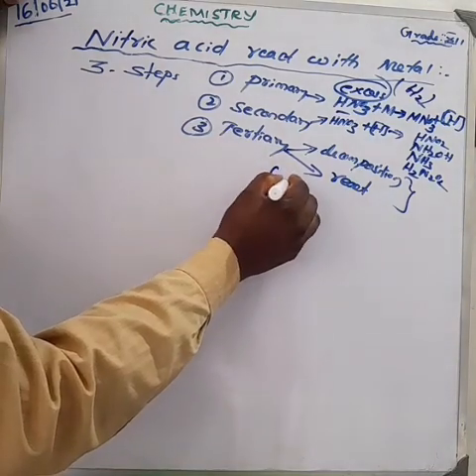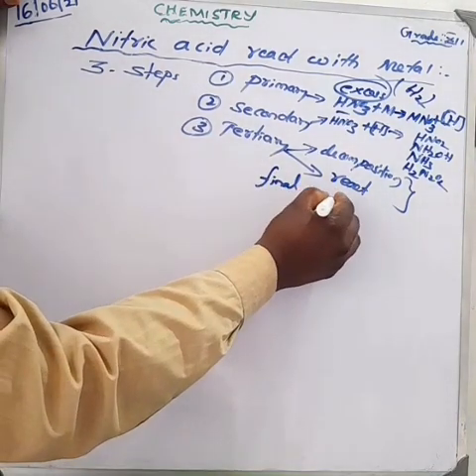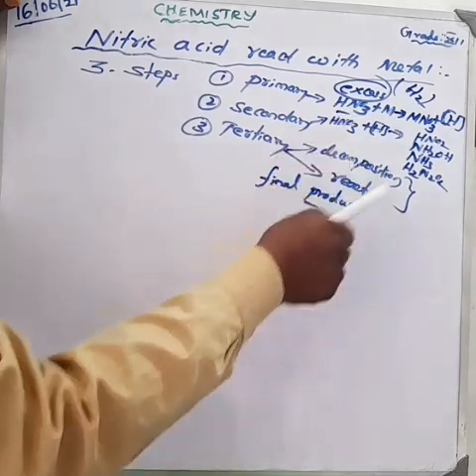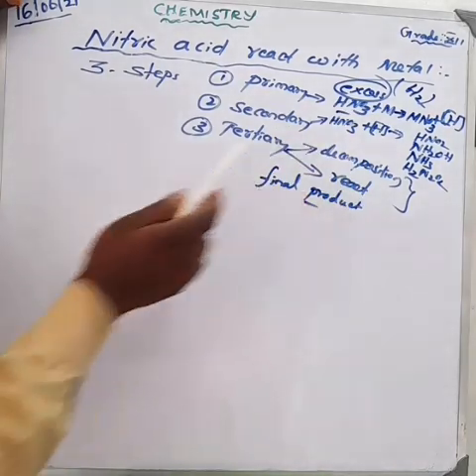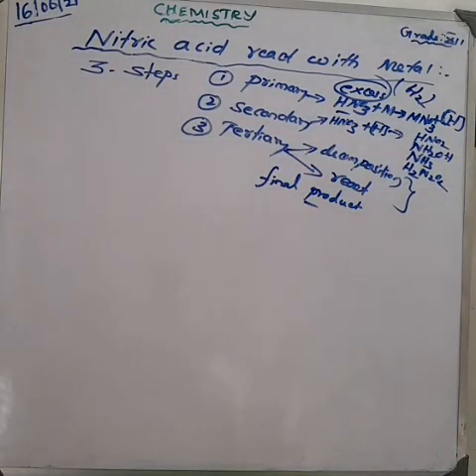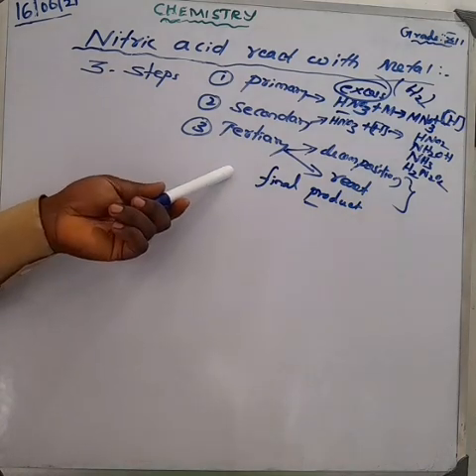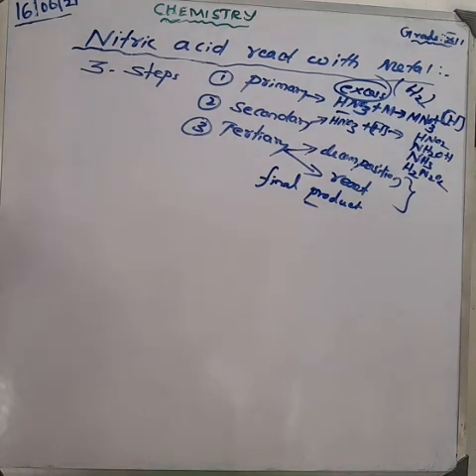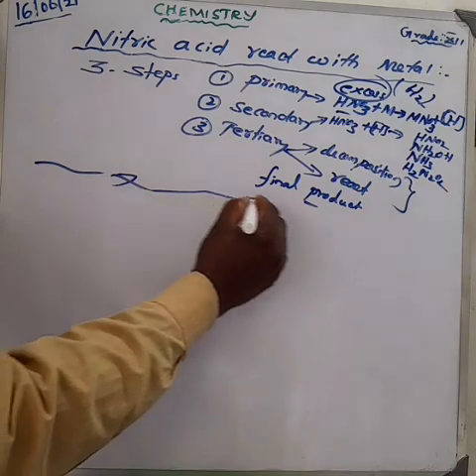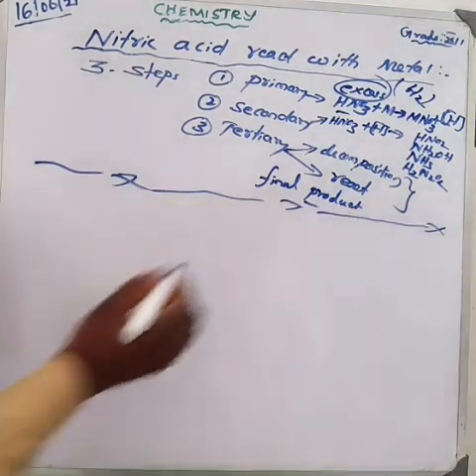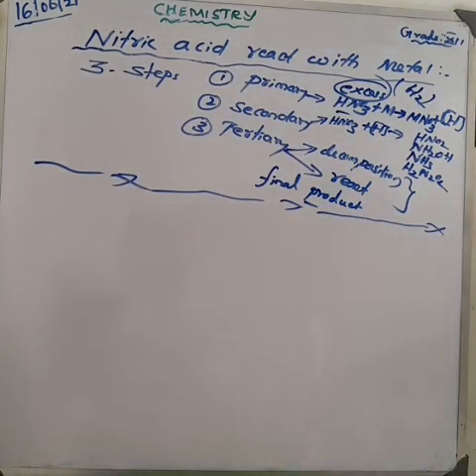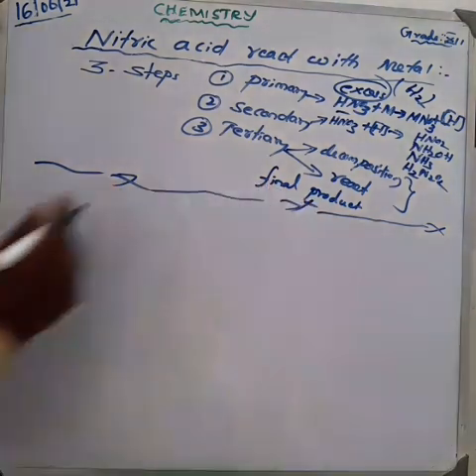That is, in the secondary reaction we get a product, and this product either decomposes or reacts to give the final product. This is the tertiary reaction. We can discuss with an example. Before that, we have to learn the primary, secondary and tertiary reactions.